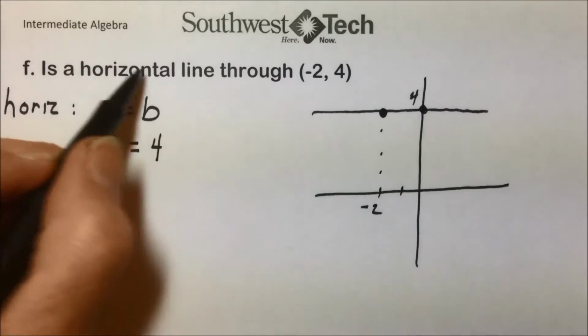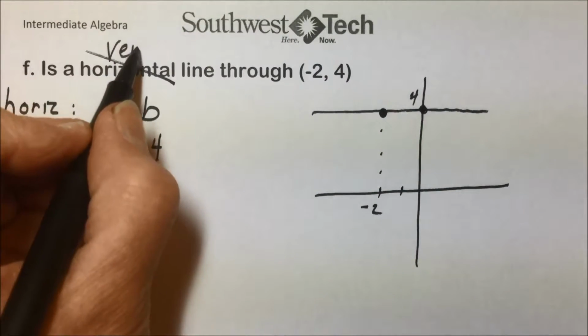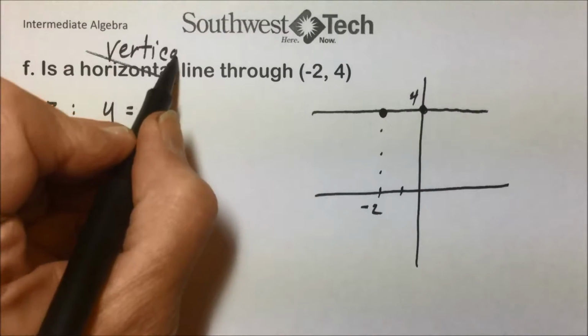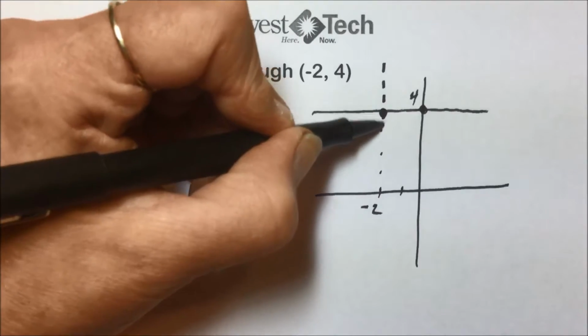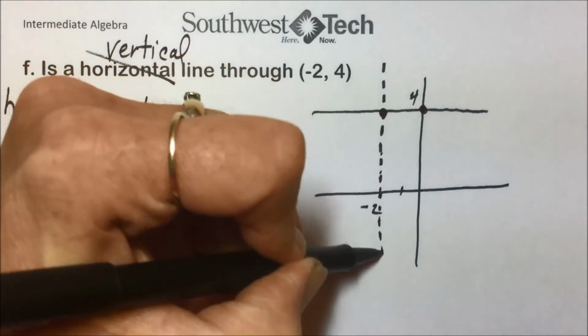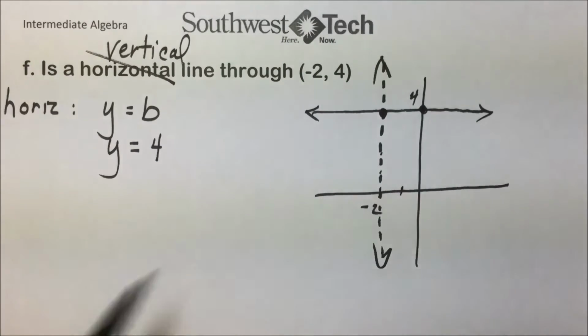If instead they had said that it is a vertical line through the point, and let me just draw a dash to make a distinction, now we would have had this special line instead of the horizontal one we just had.